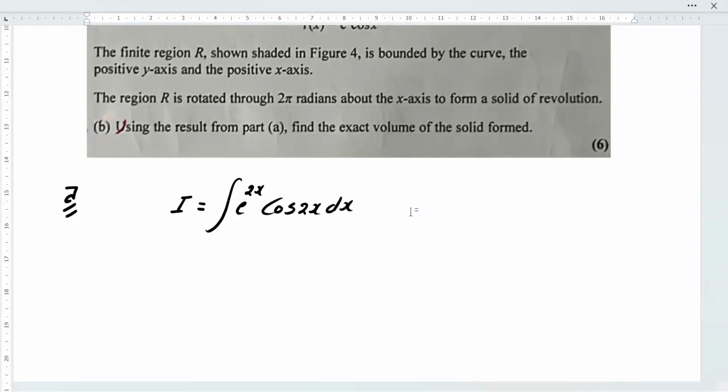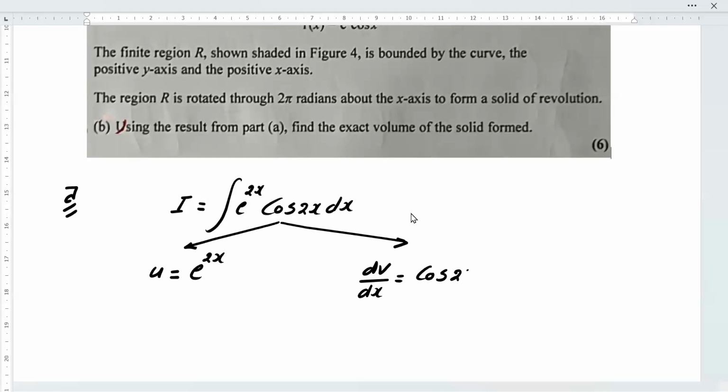But here you have e power 2x and cosine 2x, and there is no such function in either of them. So how can we select? Actually, it doesn't matter here, because neither of them can be ended. So here I will select u equal e power 2x and dv by dx equal to cosine 2x.